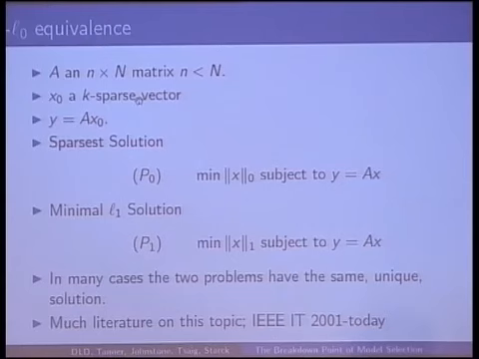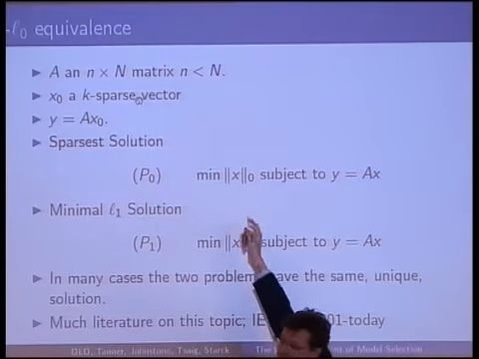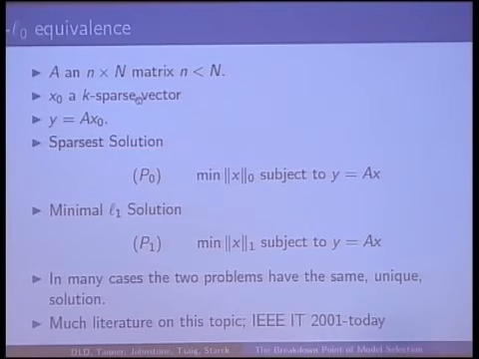Look for the sparse solution. What does K sparse mean? K non-zeros, so the L0 norm is at most K. The sparsest solution is the thing that minimizes the L0 norm, the one that counts the number of non-zeros, subject to solving the system of equations.